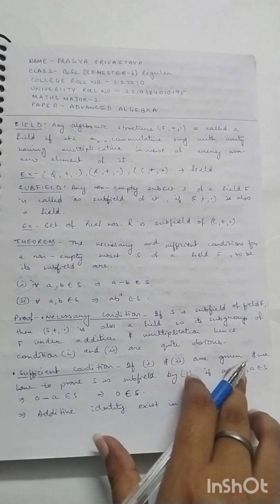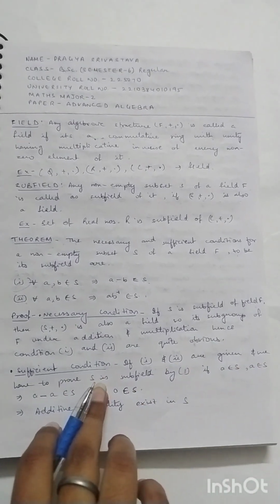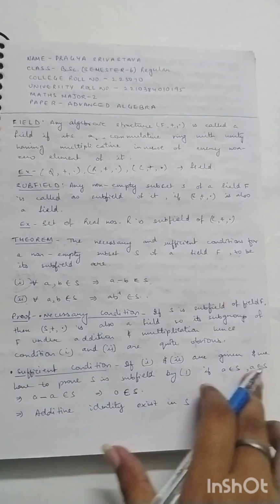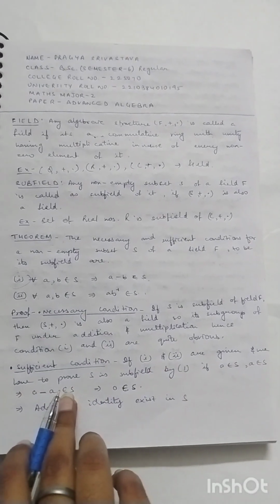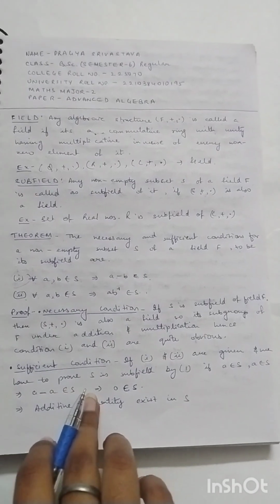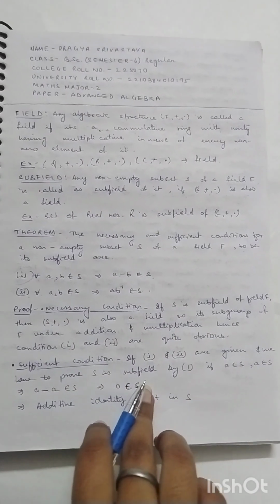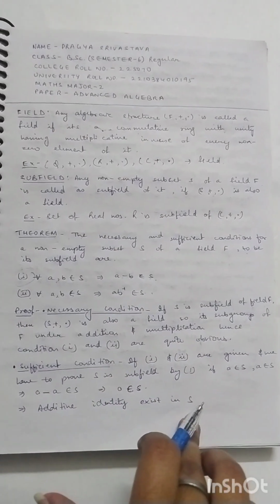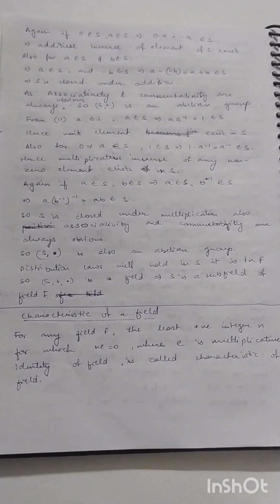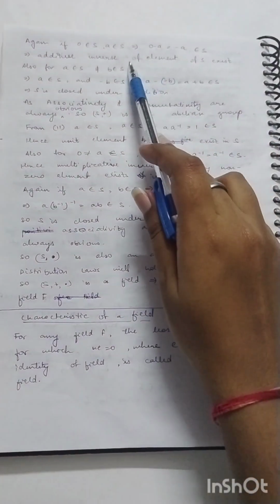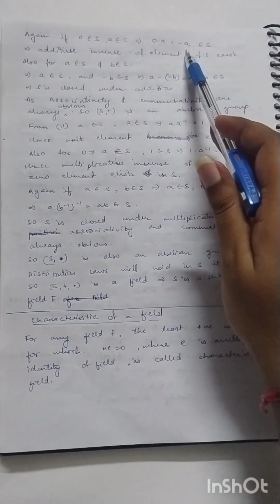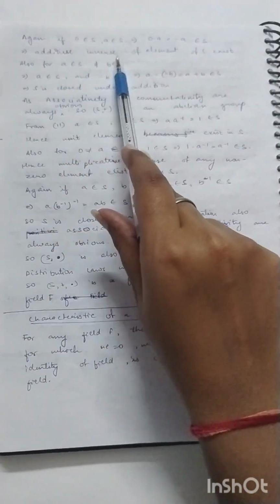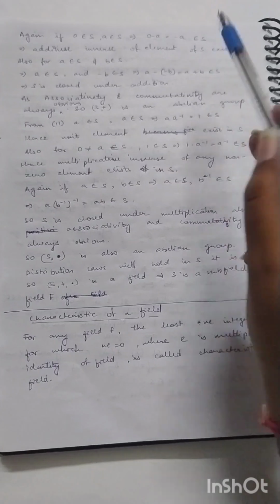Now the sufficient condition. If 1 and 2 are given, we have to prove S is a subfield of F. If a belongs to S and a belongs to S, this implies that a minus a belongs to S. This implies that 0 belongs to S. This again implies that an additive identity exists in S. If 0 belongs to S and a belongs to S, this gives that 0 minus a is equal to minus a belongs to S. This gives that the additive inverse of an element of S exists.